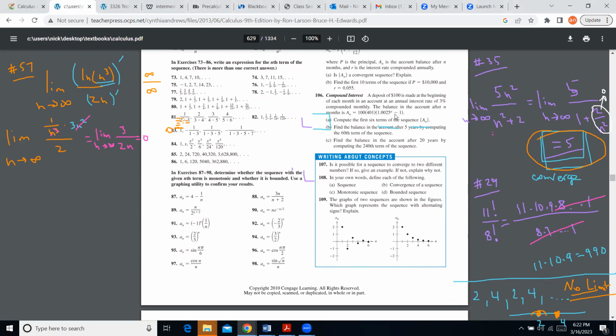In the next group of exercises, they actually want us to produce the formula for the nth term, which might sometimes take a little bit of time, because sometimes it's not that obvious what we're doing from term to term to get to the next ones. Say, how about exercise number 80.